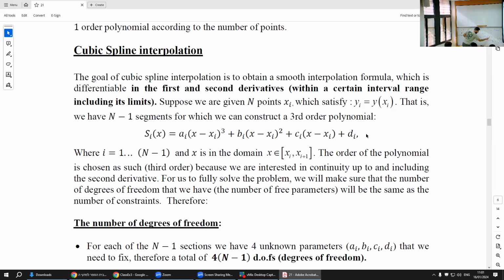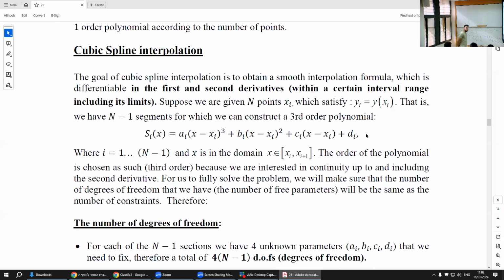The 2 is because of the first and second derivatives, and i goes from 1 to n minus 2. Why n minus 2 and not n minus 1? Because we don't take these 2 end points. Only these interior points we have. So i goes from 1 to n minus 2.